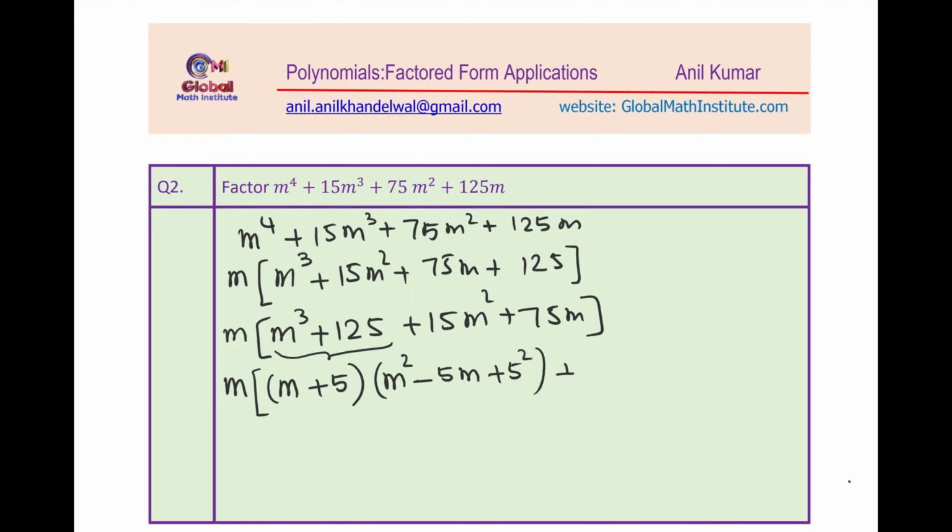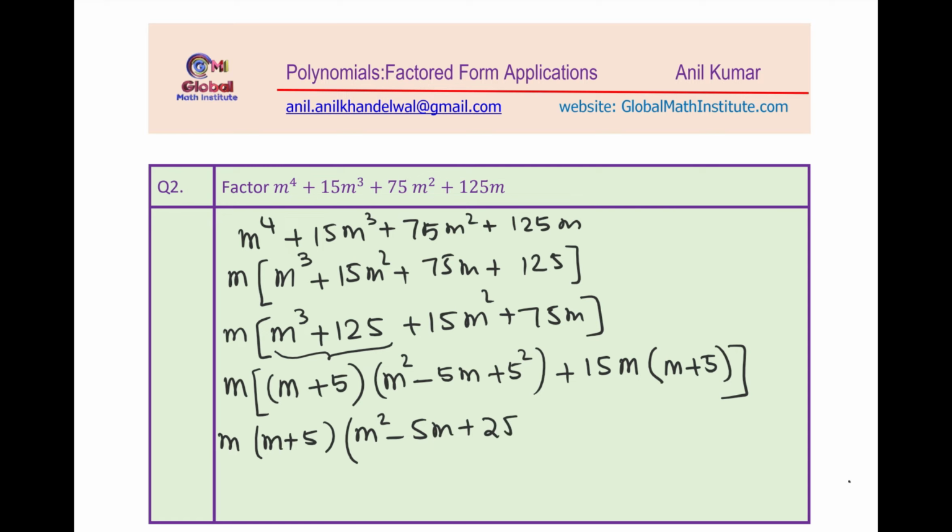For the other part, we can take 15m common, and what we get here is m plus 5. Now m plus 5 is a common factor. So we get m squared minus 5m plus 25 plus 15m.